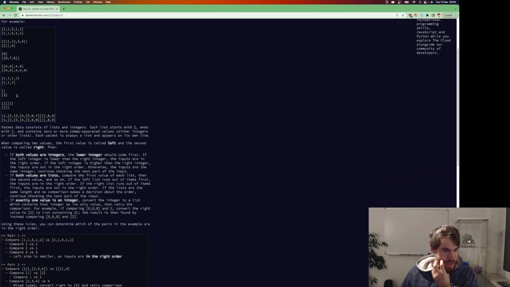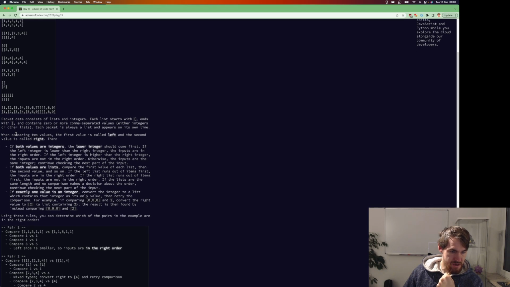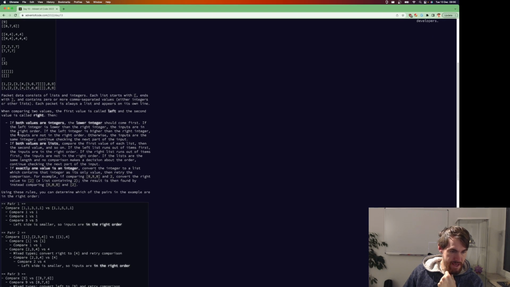For example, packet data consists of lists and integers. Each list starts with a list open bracket, ends with a list closed bracket, and contains 0 or more comma-separated values, either integers or other lists. Each packet is always a list and appears on its own line.